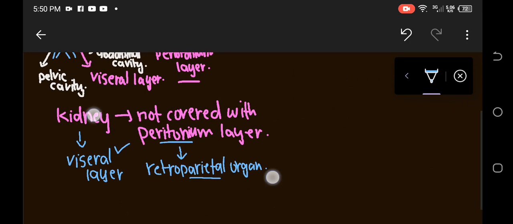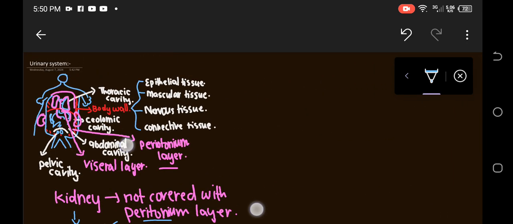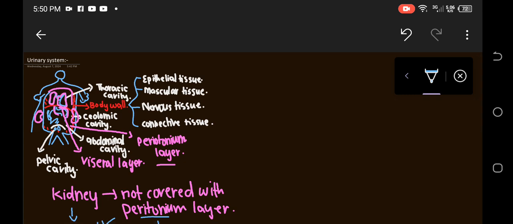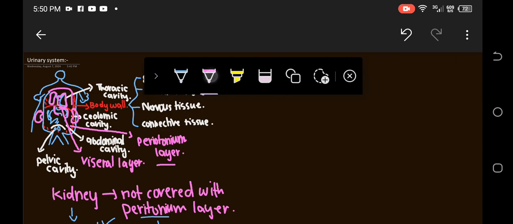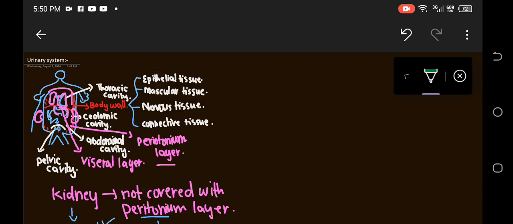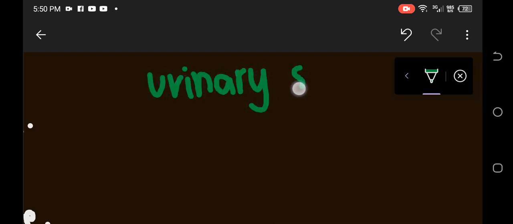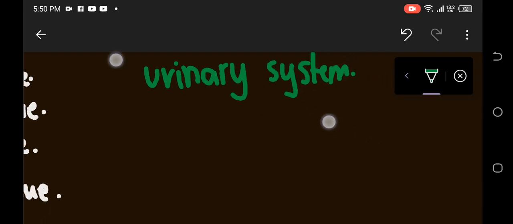Then in the urinary system, let's see what things are present in our urinary system.